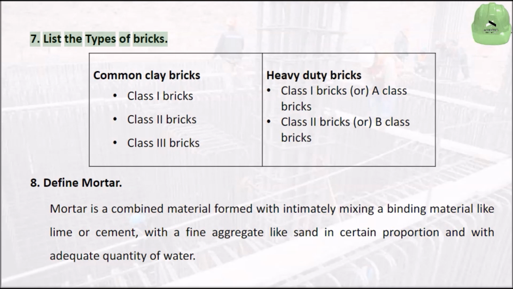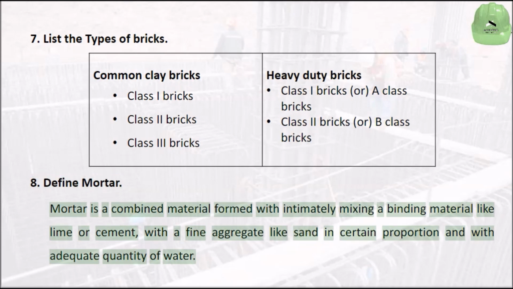7. List the types of bricks. 8. Define mortar. Mortar is a combined material formed by intimately mixing a bonding material like lime or cement with a fine aggregate like sand in certain proportion and with adequate quantity of water.